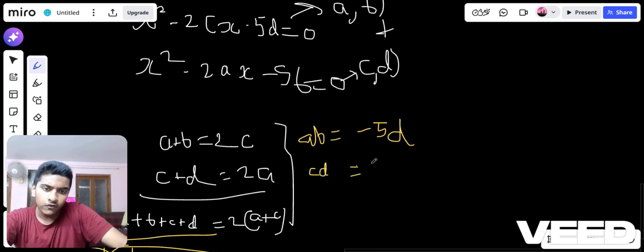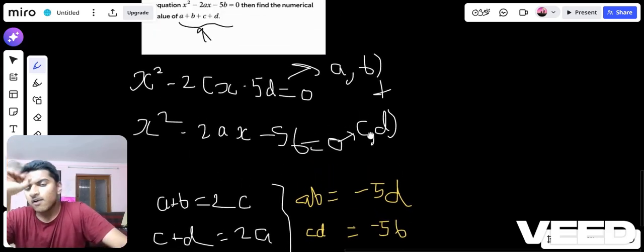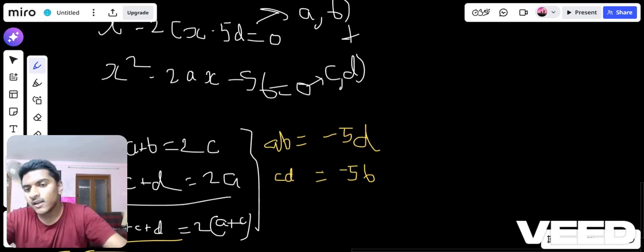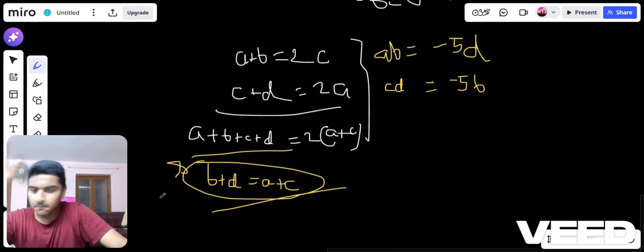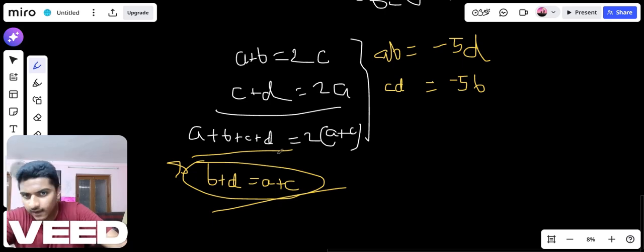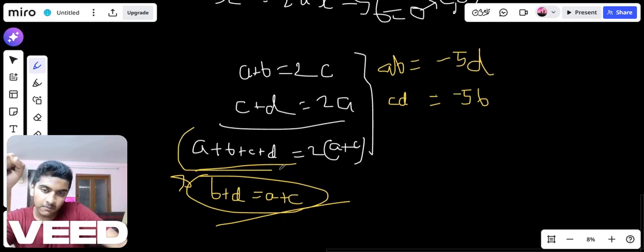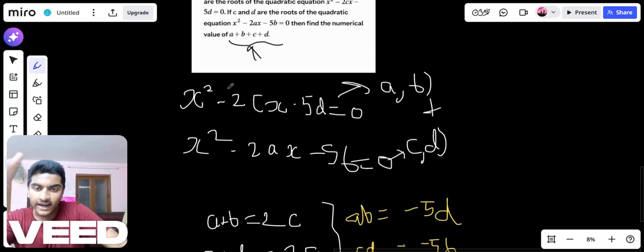Now, of course, explicitly we don't have any particular reason to write this. Why I wrote this? Because I am not able to think further. Whatever I knew about the sum and product, I ended up using up to this result, and after this I am kind of aimless currently. Previously, my aim was to get the value of a plus b plus c plus d, and I did this.